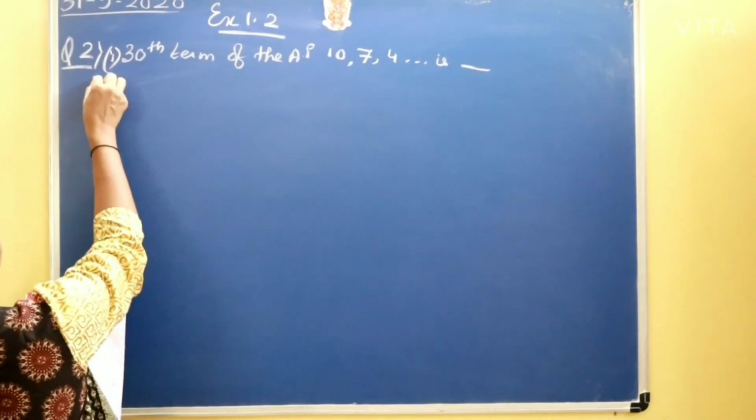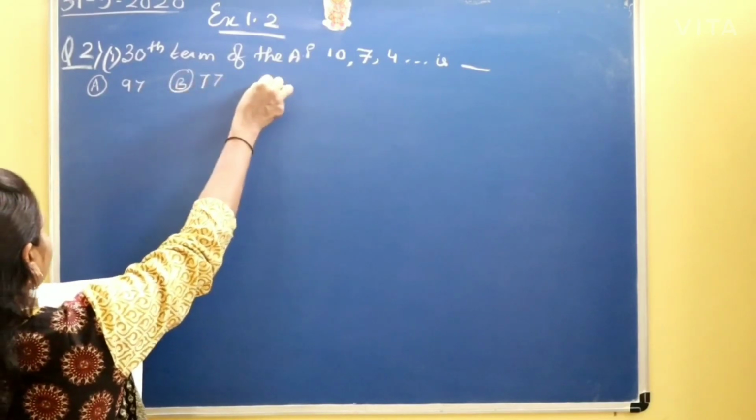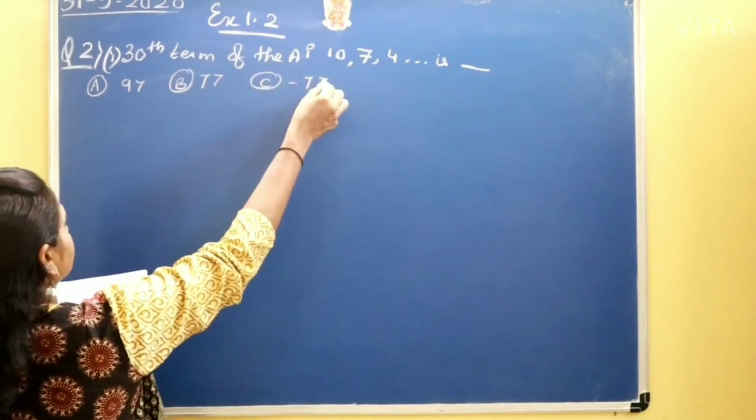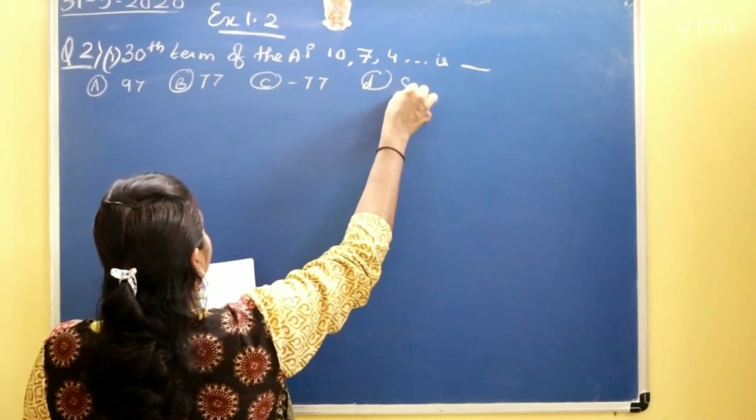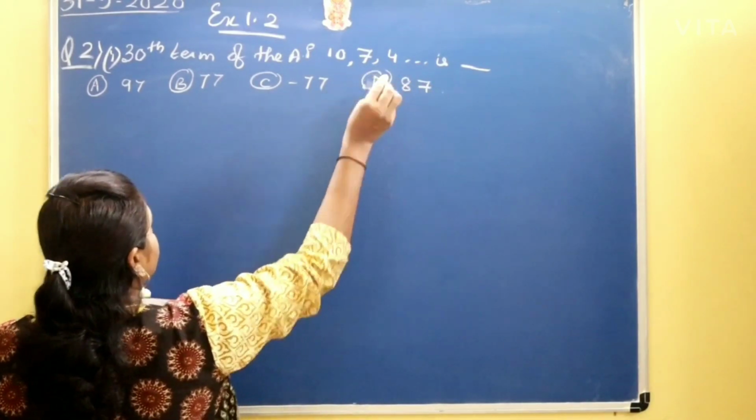They have given you options. A is 97, B is 77, C is minus 77 and D is 87.